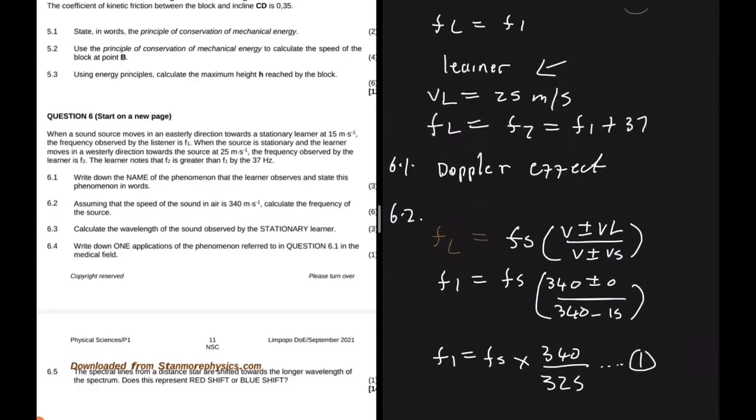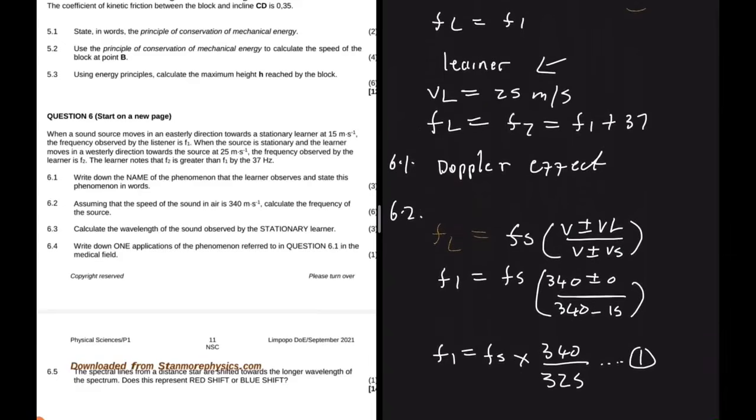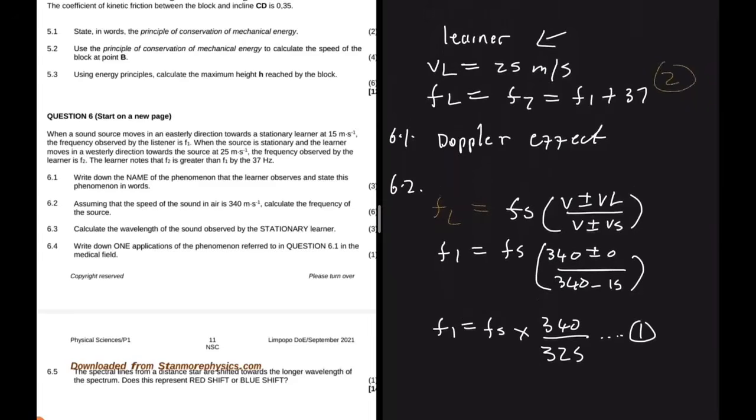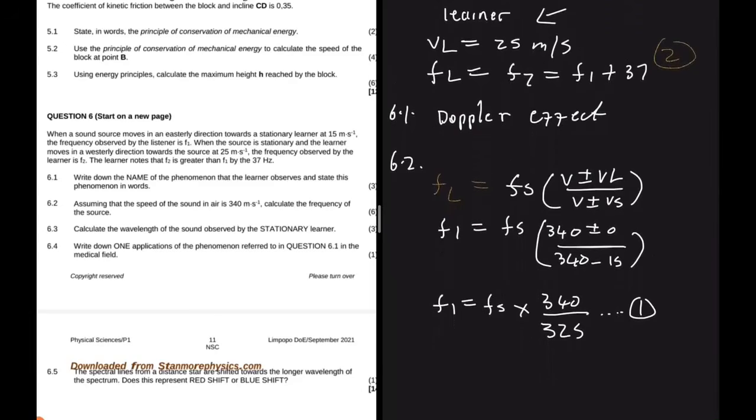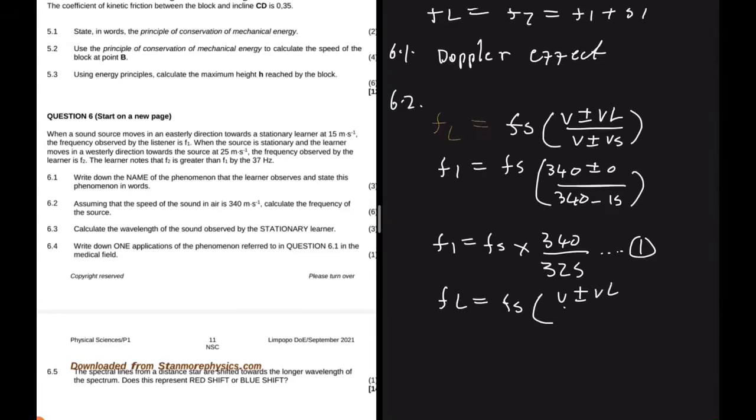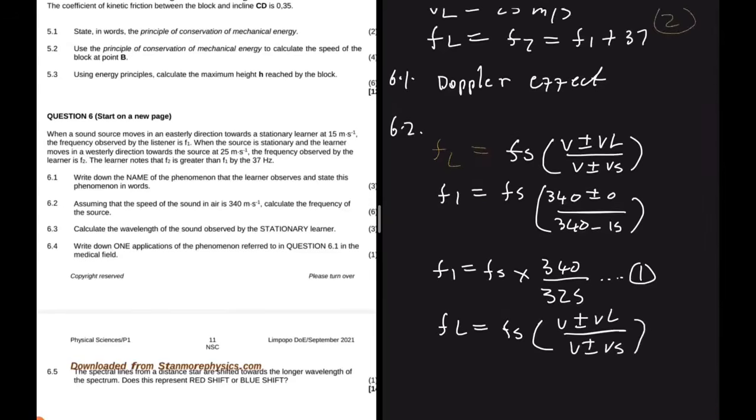And then now let's come to our second scenario when the learner is moving towards the sound source, right? So again, we are going to have FL equals Fs multiplied by V plus or minus VL divided by V plus or minus Vs. And then what is FL?